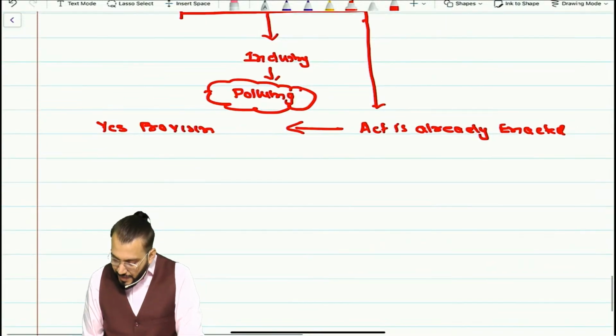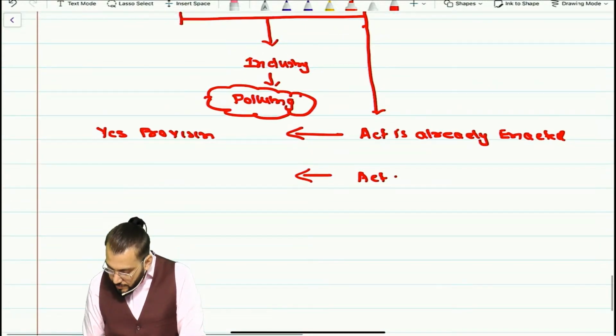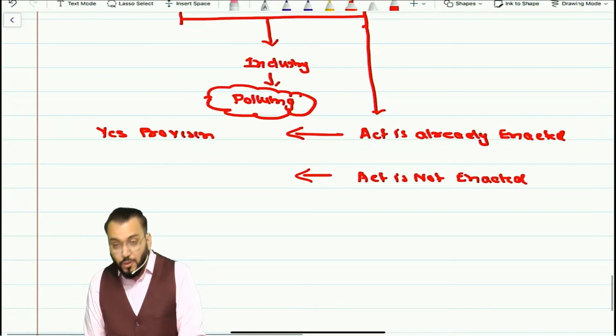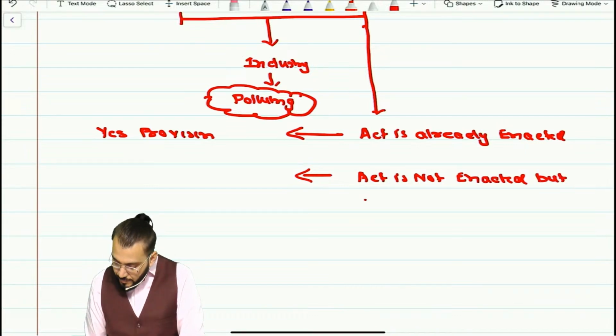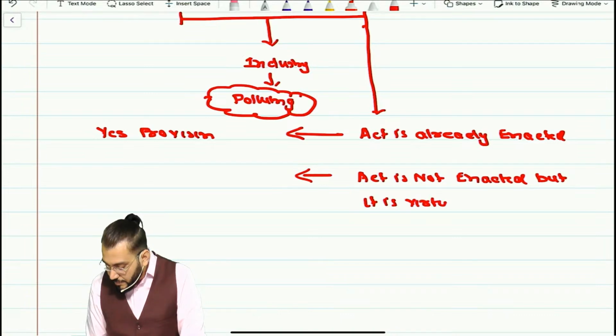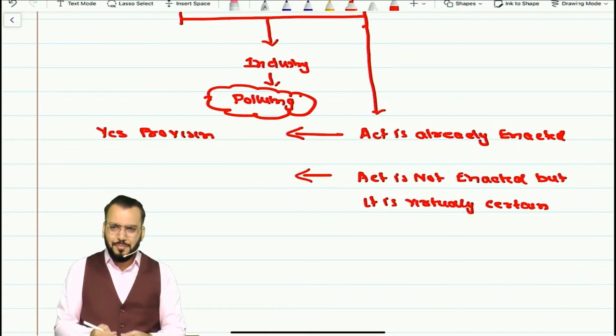Second case: the act is not enacted on or before 31st March, but it is virtually certain that it will be enacted within a short period of time.